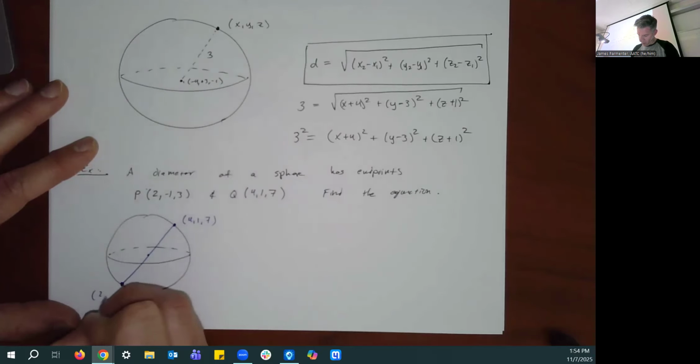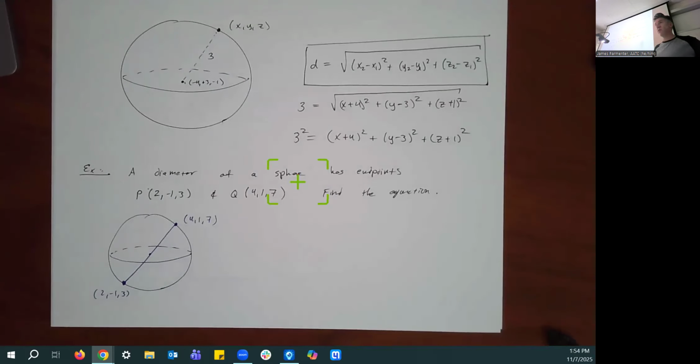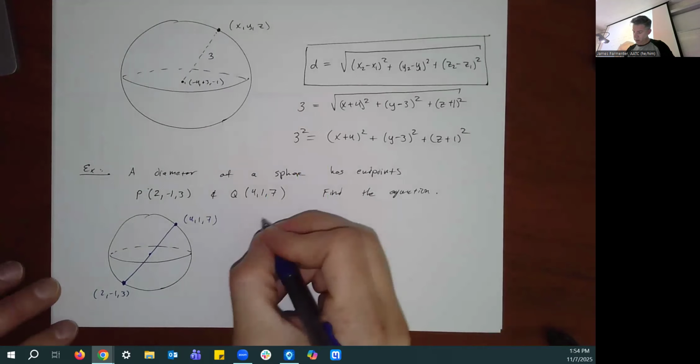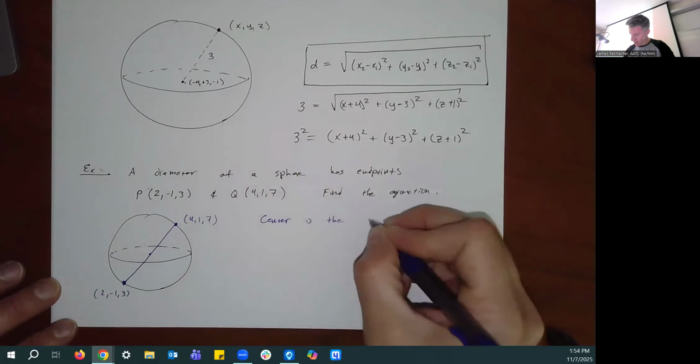That point there is 2, -1, 3. But to write the equation, I need to know the center of the sphere and the radius of the sphere. And I would probably always recommend in a situation like this, finding the center first, because the center is just the midpoint of those 2 points. So the center is the midpoint.